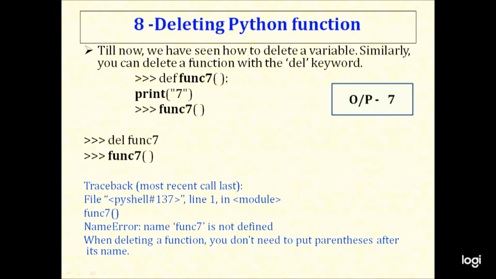Suppose one function is created with calling, and I am trying to delete it. Del function 7. After deleting it, if you still try to print it, it will show an error because it is already deleted.